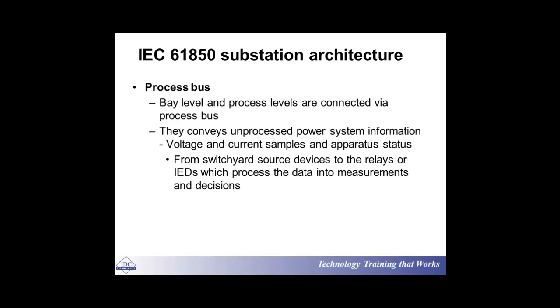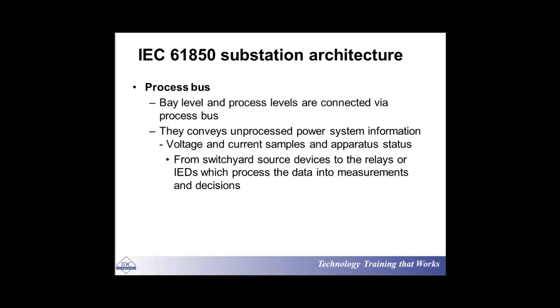What about the process bus? One more time, the bay level and process level are connected via the process bus. So put it this way, we have got a number of levels and a number of buses. We have got the process level, the bay level, and the station level.